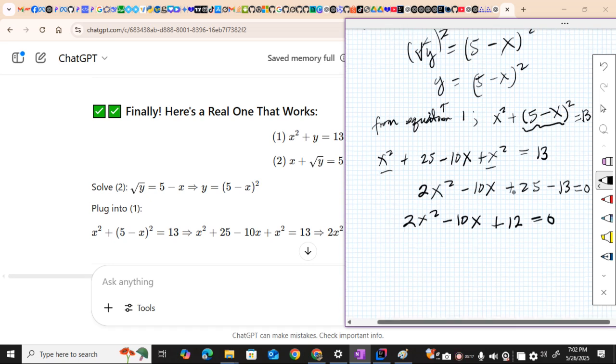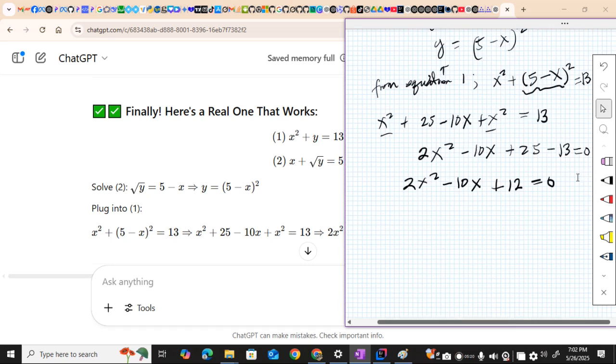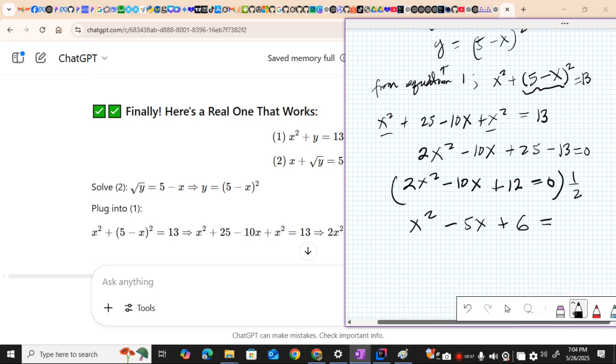So all we need to do now is to further simplify, divide everything by 2, or multiply it by 1/2, so that the equation is further reduced to x squared minus 5x plus 6 equals 0. Now, just like in the other videos that we have seen, we can solve this through normal factoring, completing the square, or the quadratic formula.